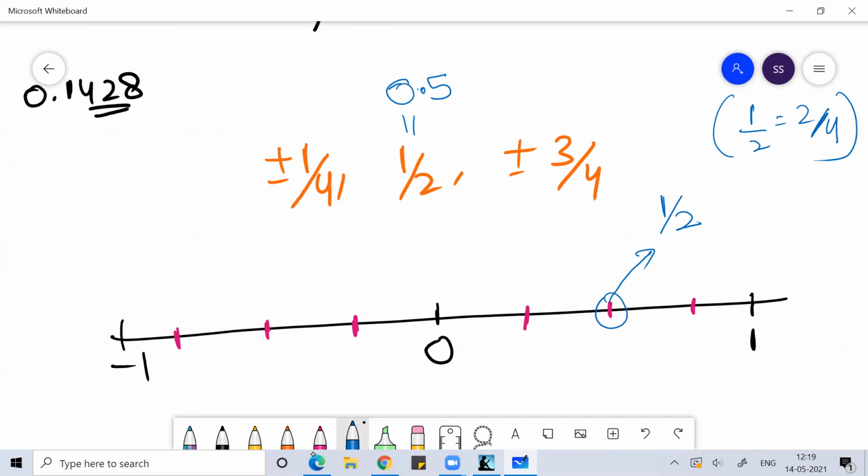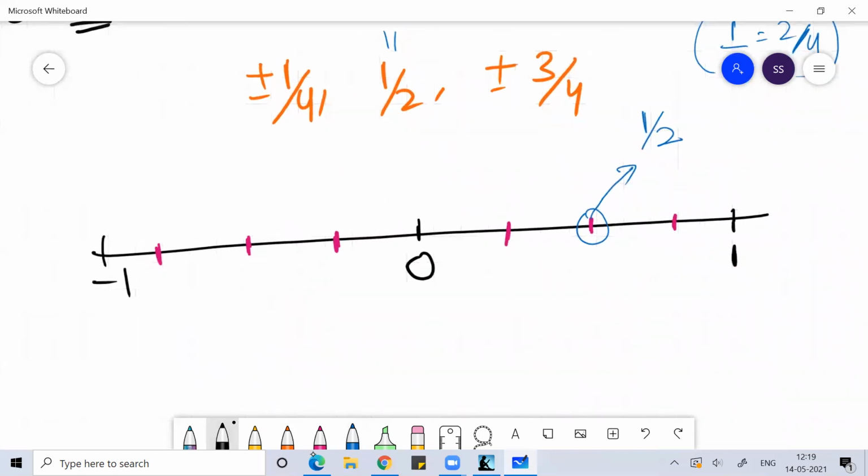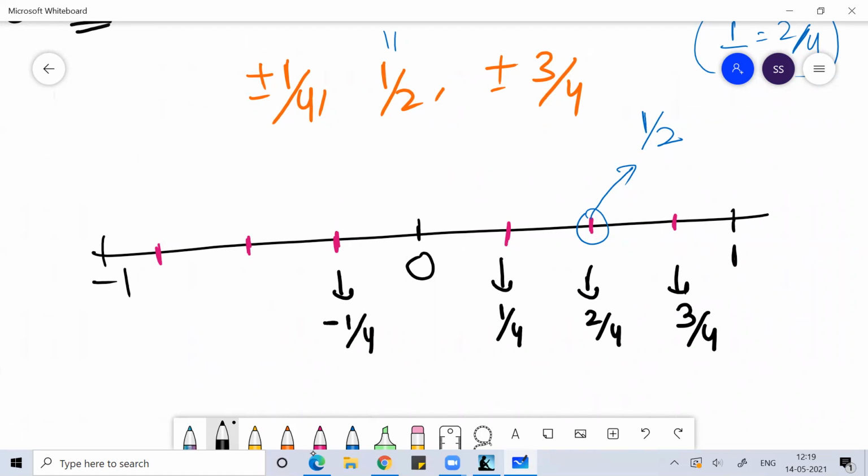So if this is 0 and this is 1, then this will be 1 by 4, this will be 2 by 4, this will be 3 by 4, and this will be 1. On the other side, this will be minus 1 by 4, minus 2 by 4, minus 3 by 4.